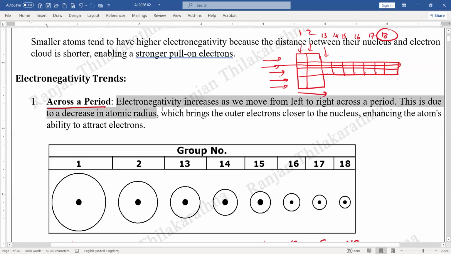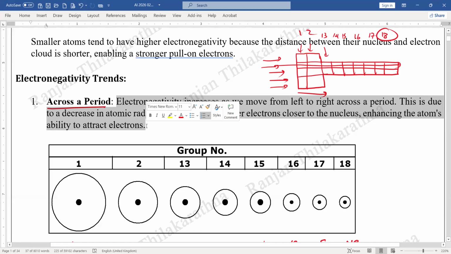Then electronegativity increases as we move from left to right across the period. This is due to the decrease in atomic radius, which brings the outer electrons closer to the nucleus, enhancing the atom's ability to attract electrons.